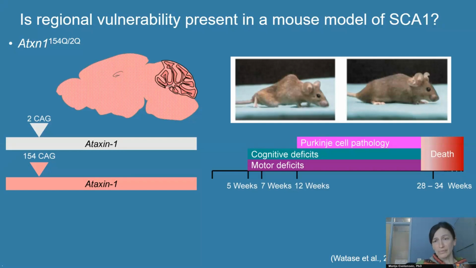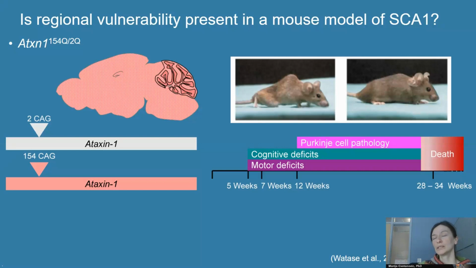On the right side of the panel, you can see first the knock-in mouse, which has a little hump on the back, which is most likely due to the atrophy and also curvature of the spine being affected, and then you have wild-type mice. These mice have pretty early pathology. Already at 5 weeks of age, you can see the onset of motor deficits.